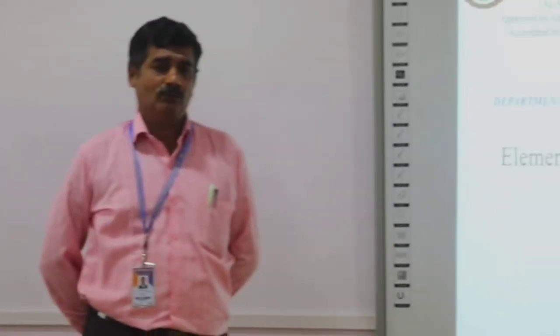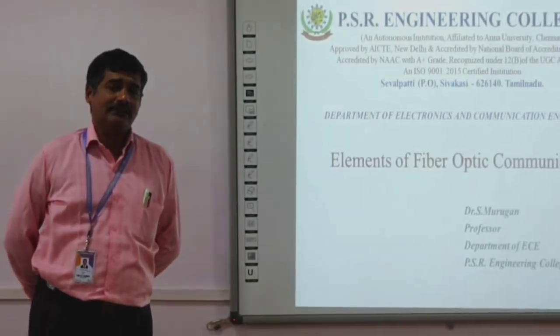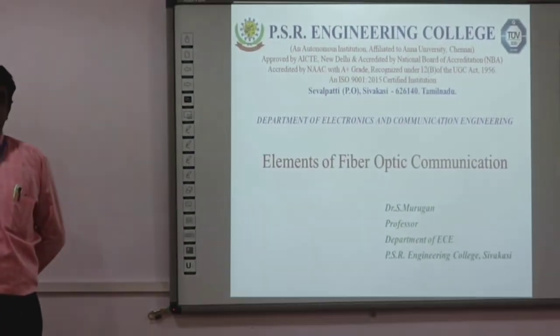Suppose if you are sending a 1 volt signal at the transmitting end, after reaching this skin distance, only 0.36 volt of your original signal will be obtained. Below this value, 0.36 volt, the receiver could not receive the signal properly.